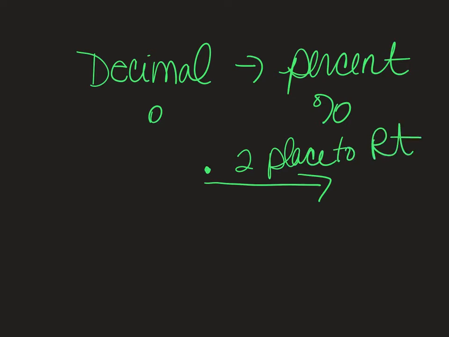So when you're going from a decimal to a percent, you're going 2 places to the right. When you're going from a percent to a decimal, you go 2 places to the left. So if you're given a decimal of 0.57, you're going to move your decimal 2 places to the right, and that equals 57%.